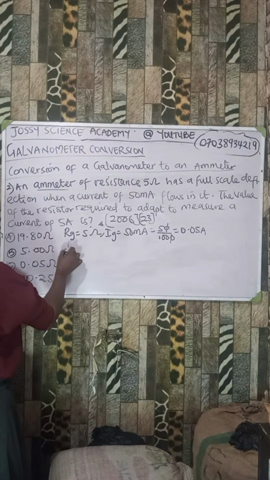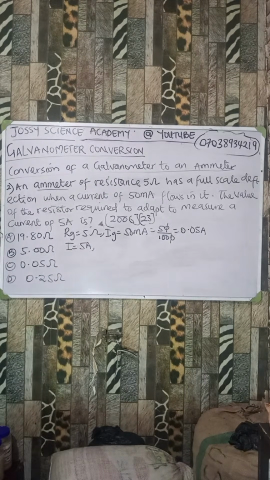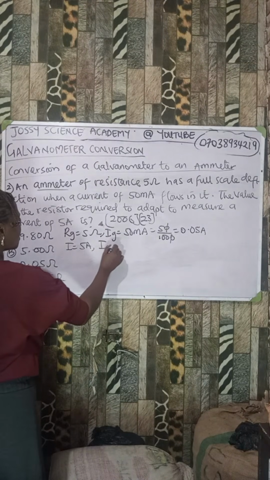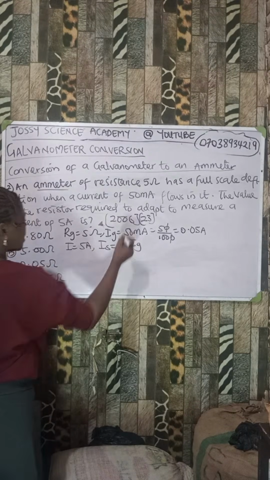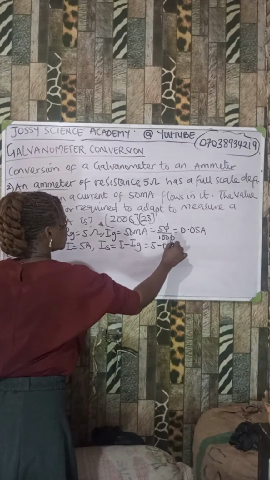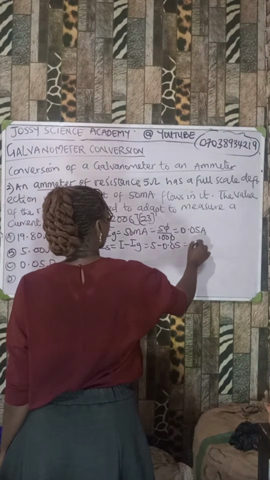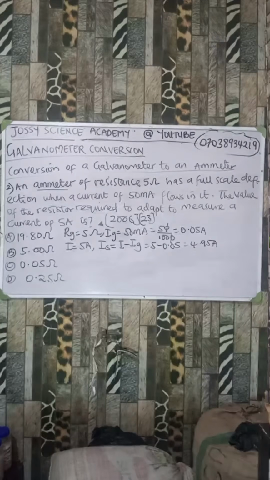So the total current flowing in the circuit is 5 amperes. So how do we know the current flowing through the shunt? Current of the shunt is equal to the total current minus current of the galvanometer, that is 5 minus 0.05, which gave us 4.95 amperes. Are we clear?